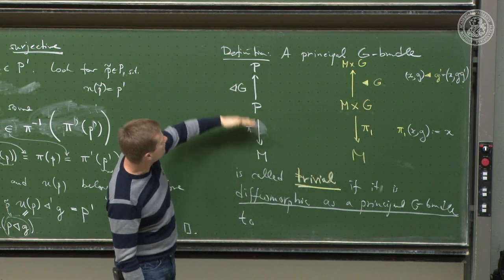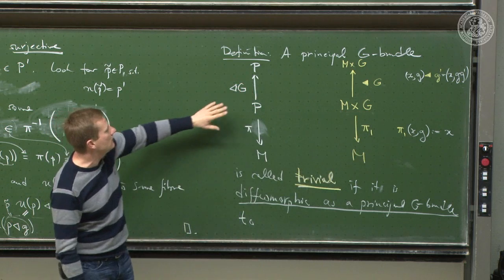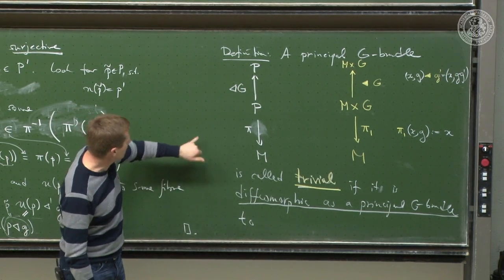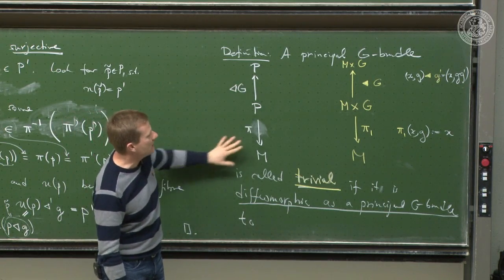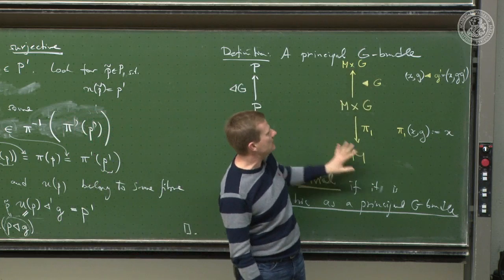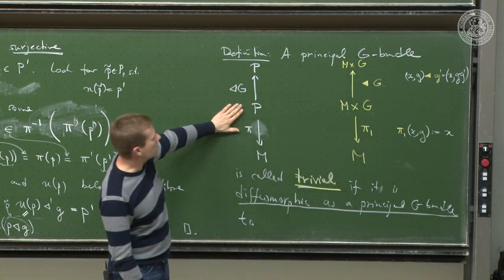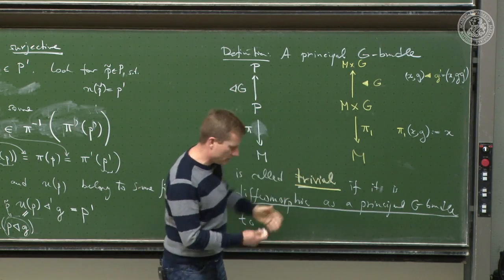If this is a principal G bundle, because of the isomorphism as a bundle to the bundle P down to P mod the group G, this becomes also a G fiber bundle, but this is a G fiber bundle in a trivial way. Okay, now the question is, when do you call a principal bundle a trivial bundle?